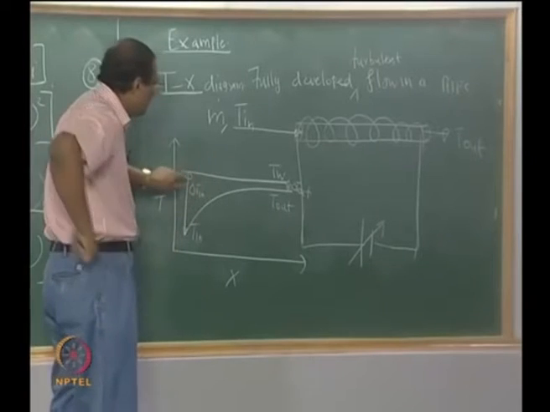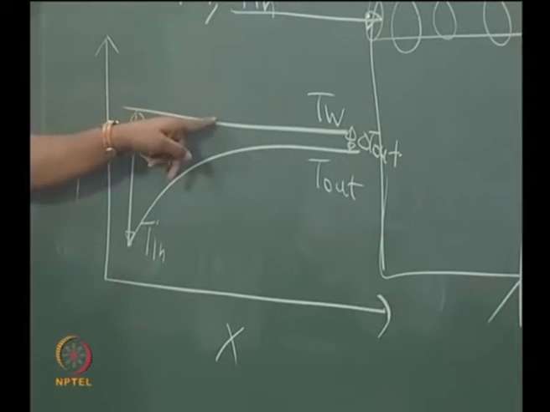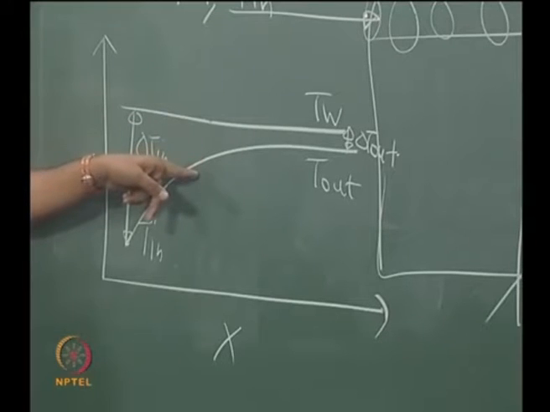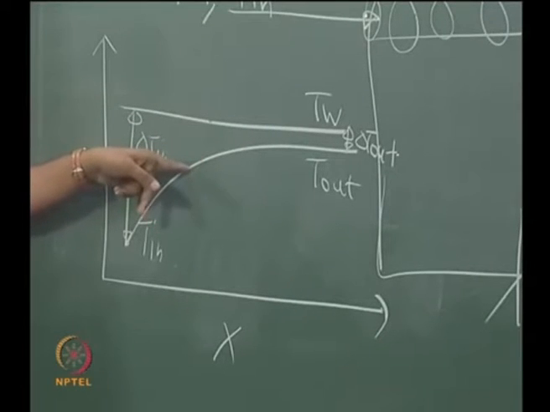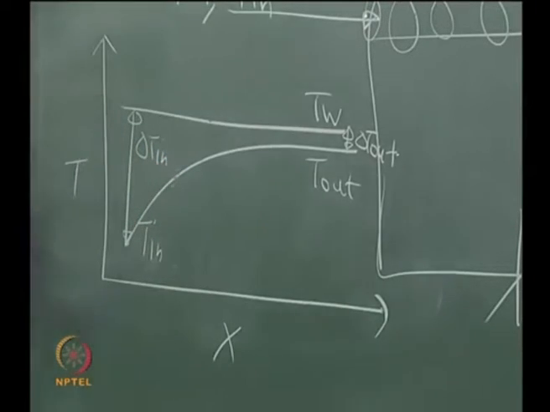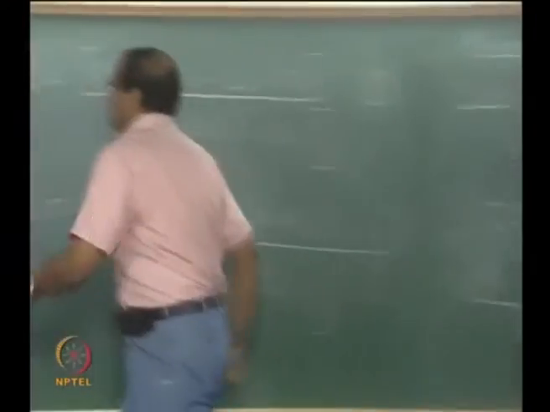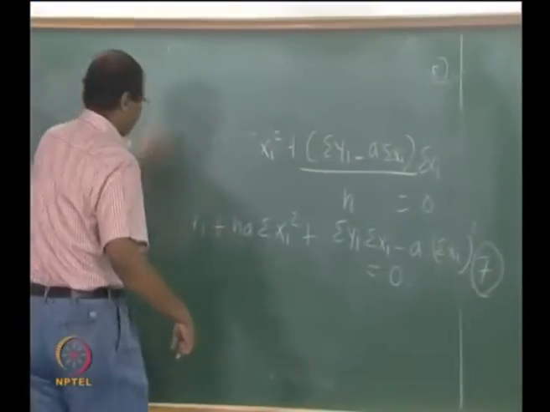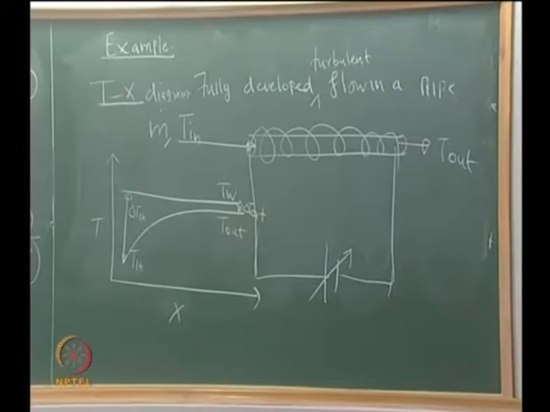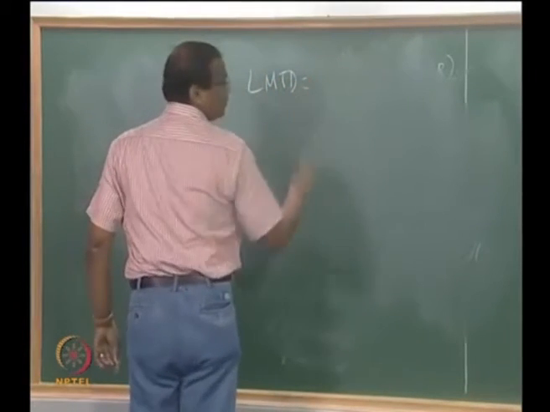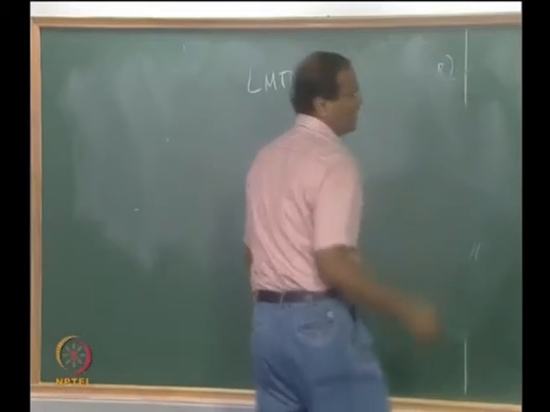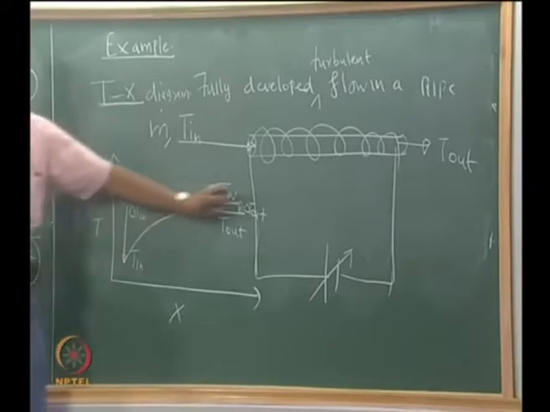Okay. Because one is a straight line and the temperature distribution is exponential, you cannot use an arithmetic mean temperature difference. Therefore it becomes contingent upon you to introduce the log mean temperature difference. What is this log mean temperature difference? Basically here it is delta T in, here it is delta T out.